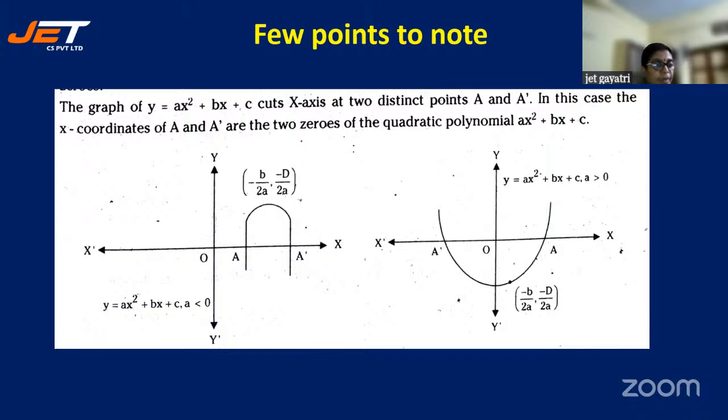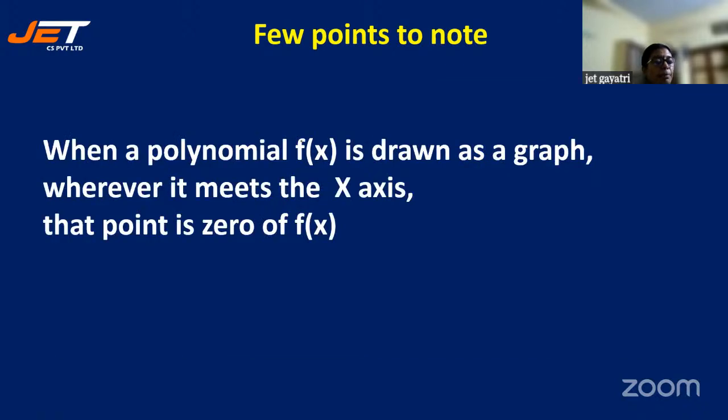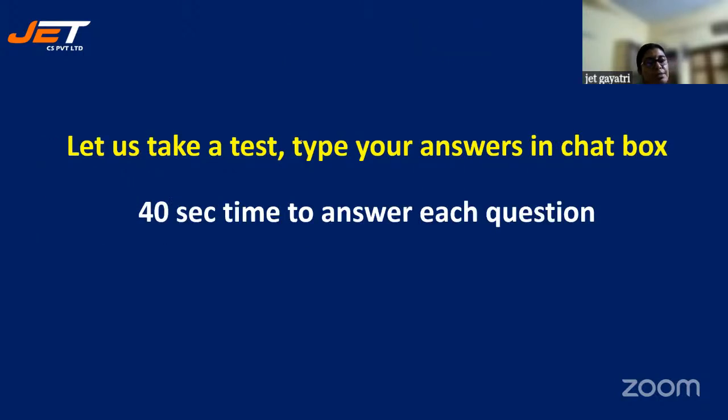Alright, so if it is y is equal to ax square plus bx plus c, where a is less than 0, then it is minus b by 2a, minus d by 2a. See here, it is minus b by 2a, minus d by 2a. Alright, see here, when a polynomial f of x is drawn as a graph, wherever it meets the x-axis, that point is a zero of f of x.